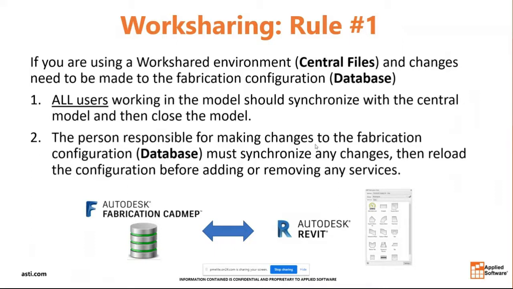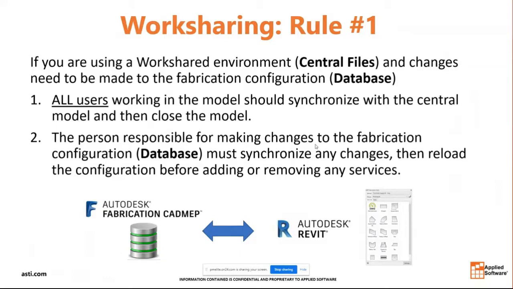So what do you do when changes have to be made to the database and you're in this central file, local file situation with worksets? Well, this is what everybody's supposed to do. This is rule number 1, and I'll show you where it's located in a second. All users that are in the model should synchronize to update the model with the latest and greatest updates, and then get out of the file.